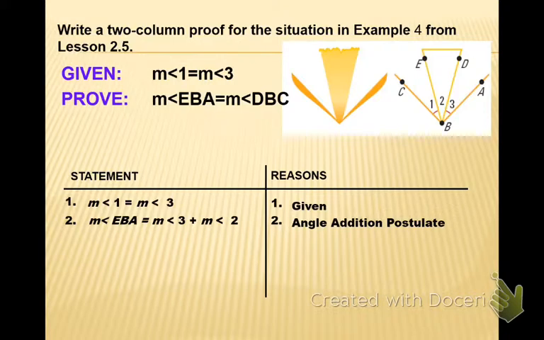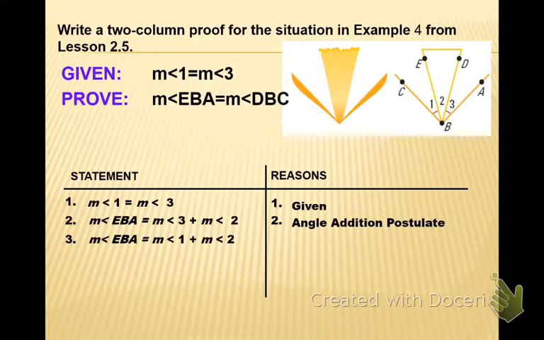Now what? Well, if it worked for EBA, can we do it for DBC also? And the answer is yeah. But we'll do that in a second. What we can do at this point is leave the diagram and combine these two statements, and that's okay. We know that the measure of angle EBA equals 3 plus 2.